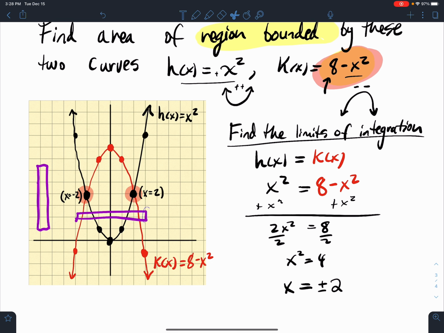Well, down here, the left and the right are both h of x, or the black curve. But as we get to this point right here, it switches to now it's the k of x, the red curve. So you're changing. So if you were going to do dy, you'd have two different integrals here. So that's no bueno. So we're not going to integrate with respect to y. We're going to do with respect to x. That's why we draw our picture in the first place.